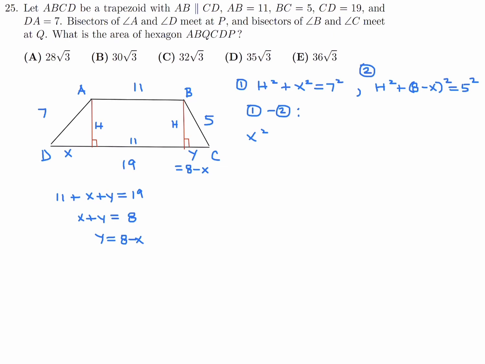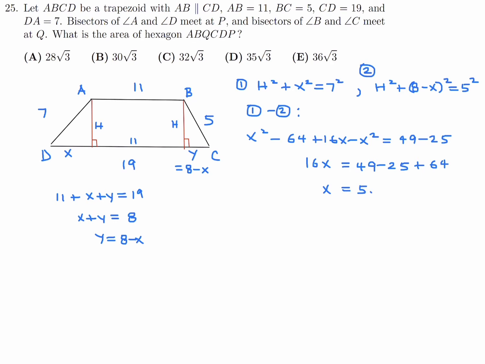Let's expand that. So that's going to give me minus 64, I'm subtracting, plus 16x minus x squared, and then the other side was 49 minus 25. So this just gives me 16x is equal to 49 minus 25 plus 64.